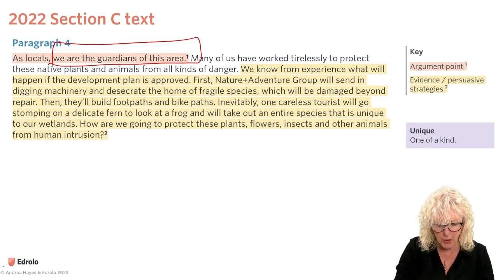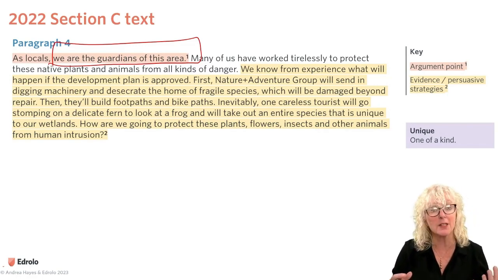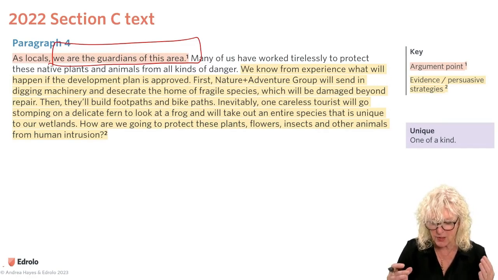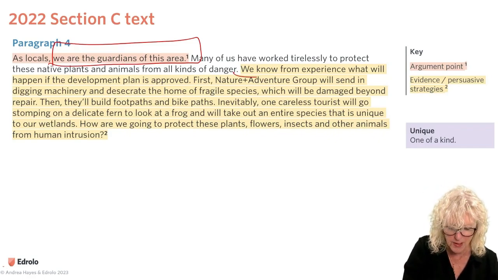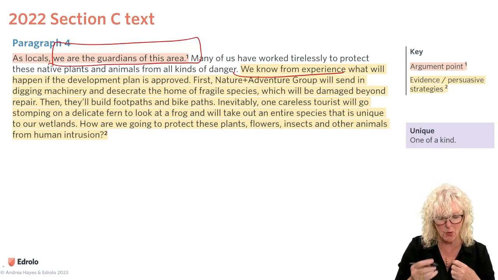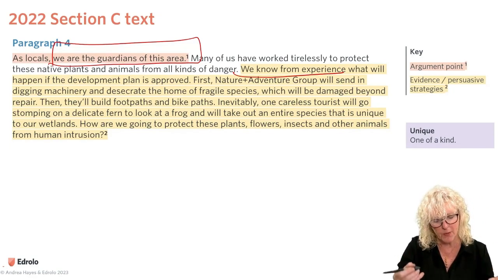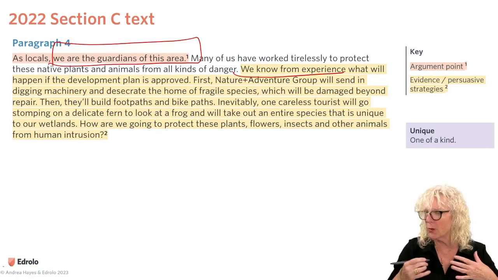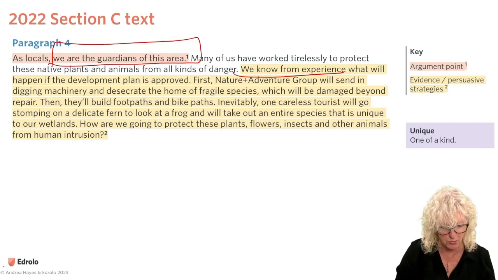And then following it up with, once again, lots of evidence and persuasive strategies, but it's couched with a "we know from experience". So it's got this real doubt and questioning the nature and adventure group who are behind this proposal. Lots and lots of good stuff here.